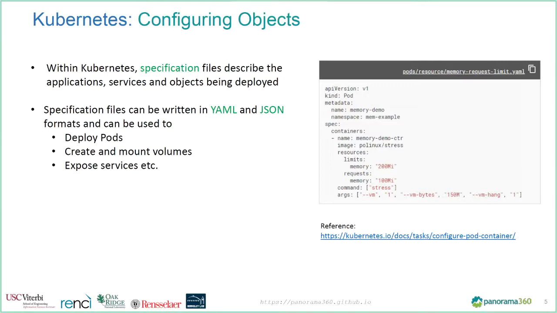This is a YAML example that spawns a pod. As you can see, it has some metadata. And afterwards, it has a specification, for example, which container to run, how much memory and how many cores you want to have, and also the arguments for this container.